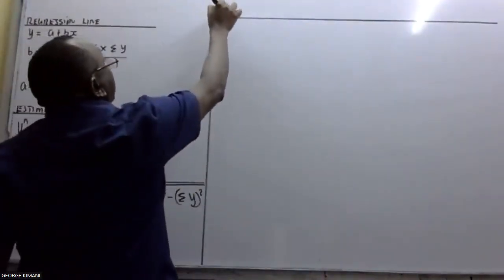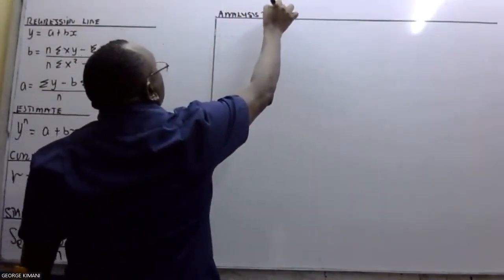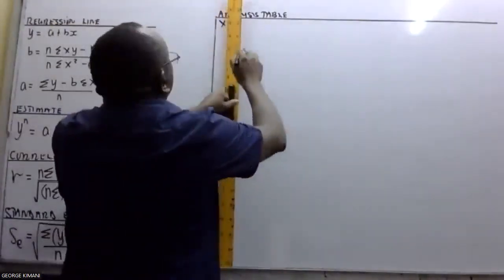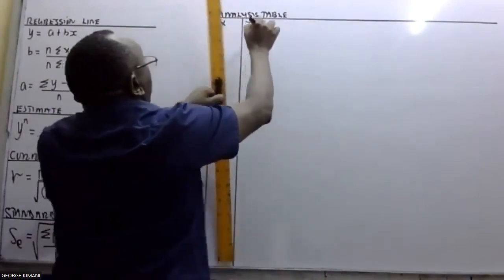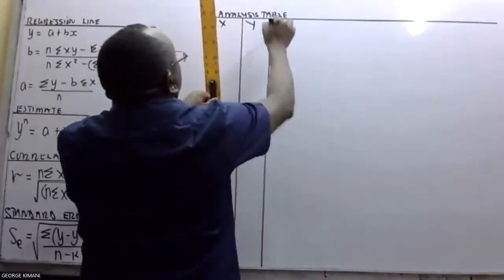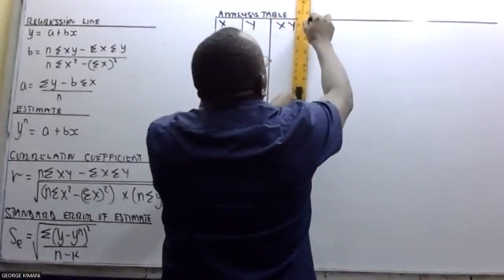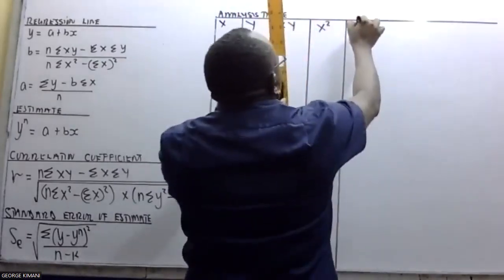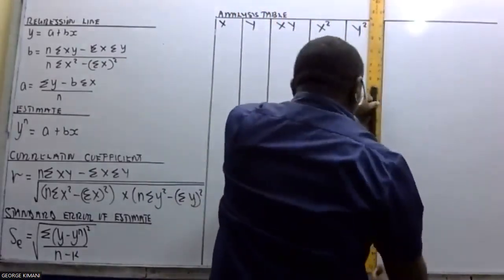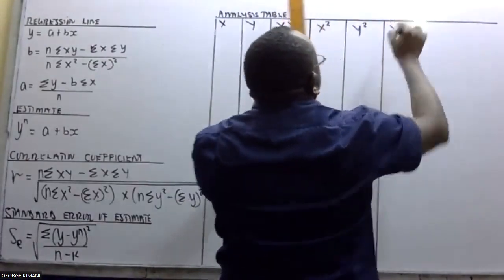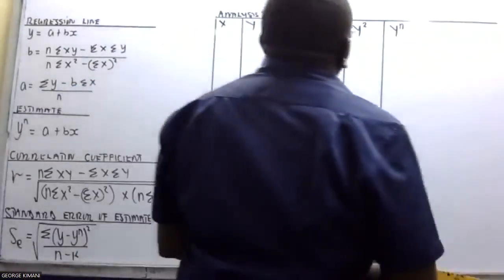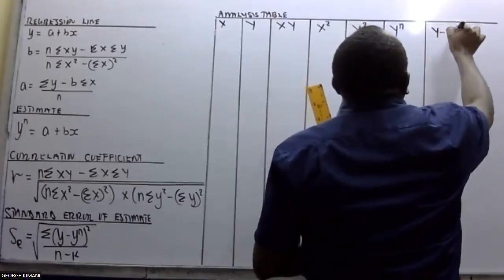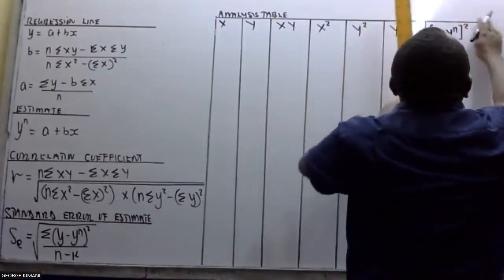In the analysis table, obviously here you will require a column of X, a column of Y, a column of X multiplied by Y, a column of X squared, a column of Y squared, a column of Y predicted, and a column of Y minus Y predicted squared.